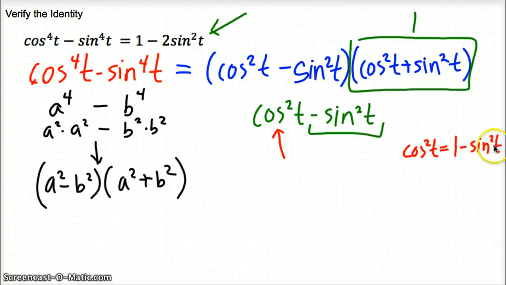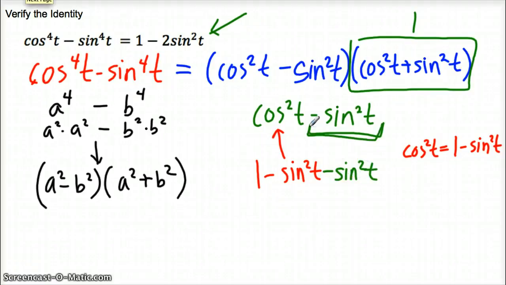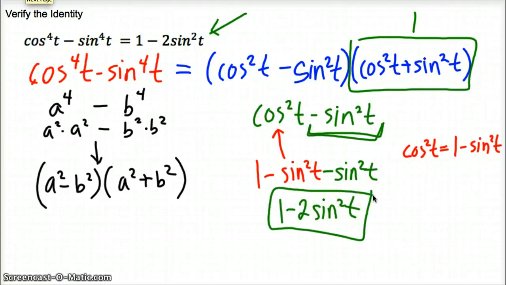So I'm going to replace that with 1 minus sine squared of t. I still have the minus sine squared of t from before, and then I start to see my result. I have 2 sine squared of t, and I've arrived at my final conclusion. The left is equal to the right.